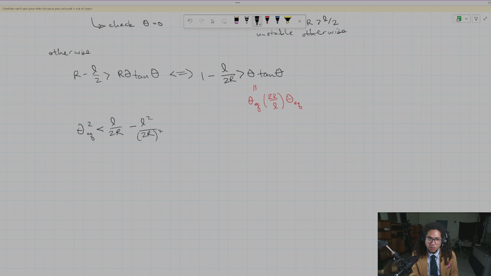So if theta equilibrium ends up being less than this value, then the other point is stable, and if not, then it's not. I could also say this is L over 2r times 1 minus L over 2r.